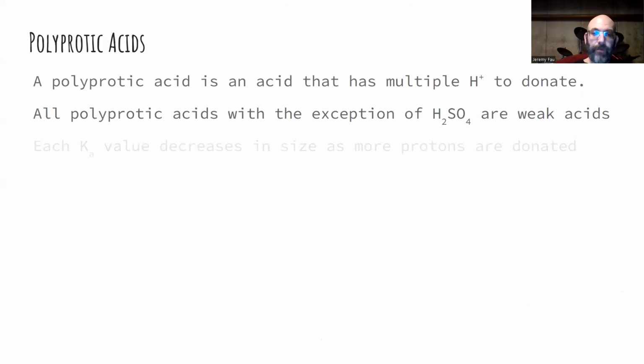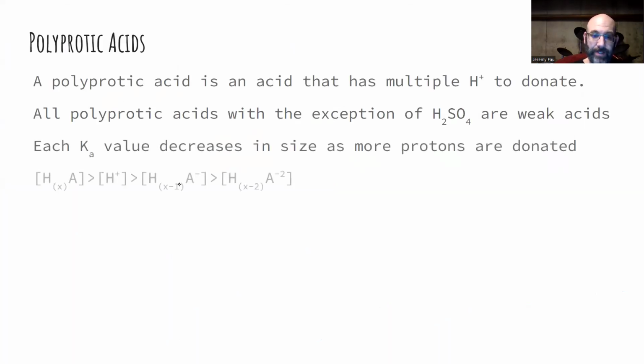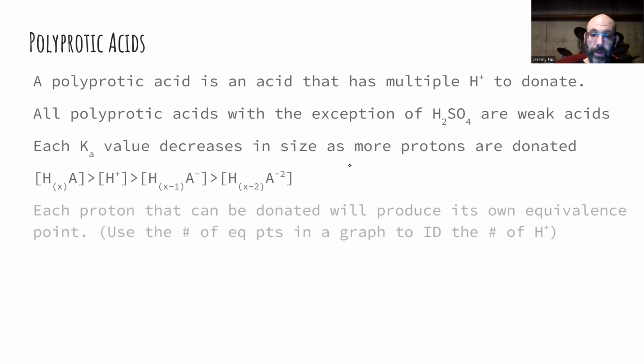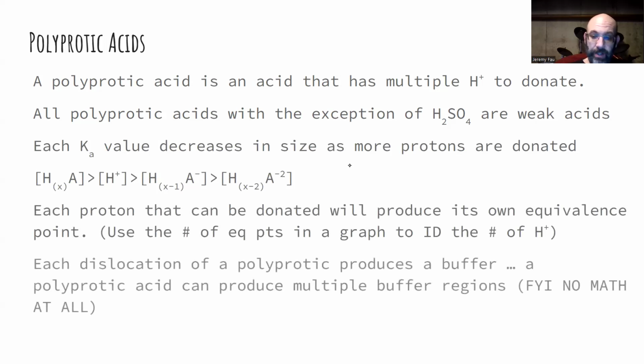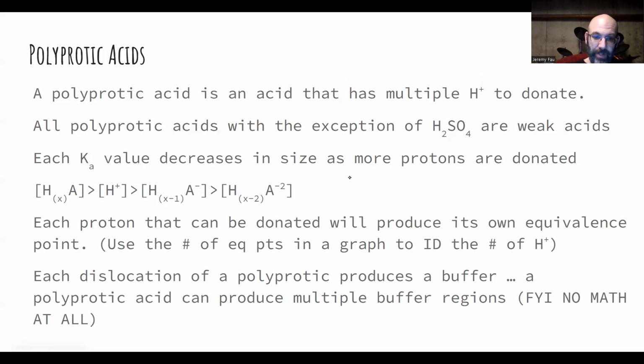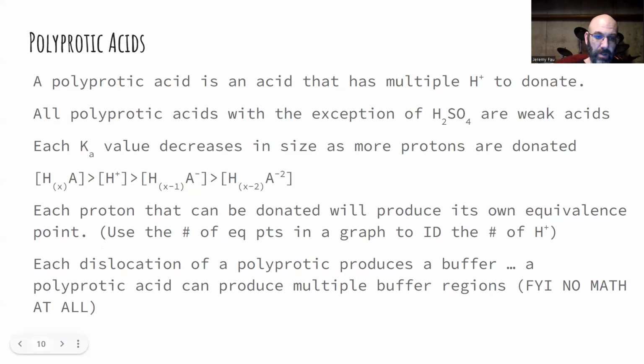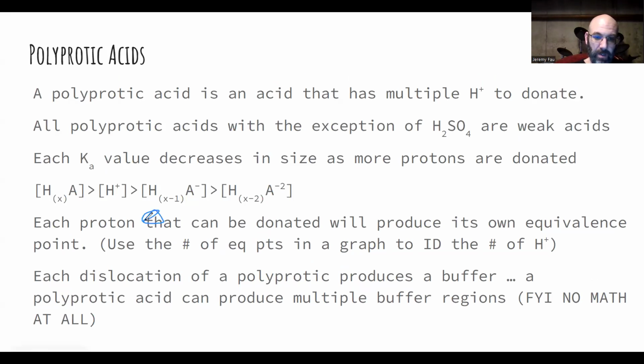All right. Very briefly about polyprotic acids. There is really nothing much you ever have to do with this ever. Except for really this part down here. So we can figure out how many protons you had by figuring out how many equivalence points you have.